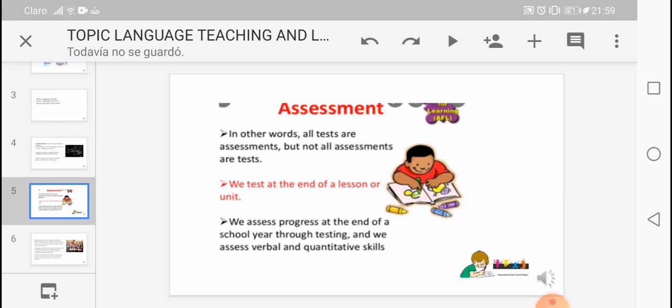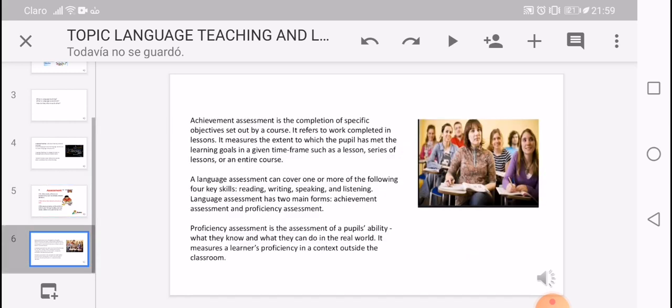It is a completion of specific objectives set out by a course. It refers to work completing a lesson. It measures the extent to which the pupil has met the learning goals in a given time frame, such as a lesson, series of lessons, or an entire course.